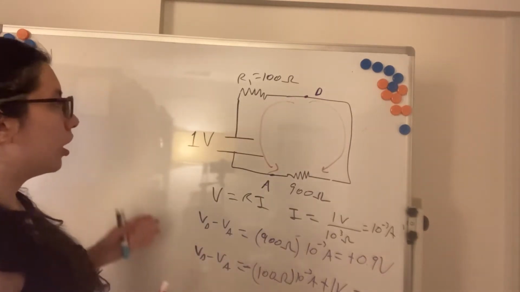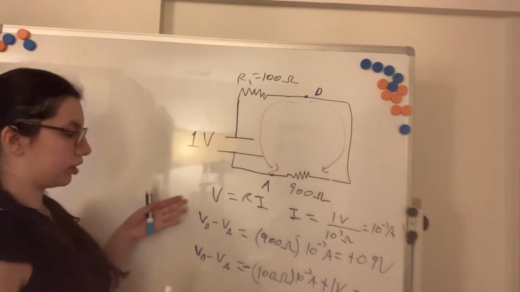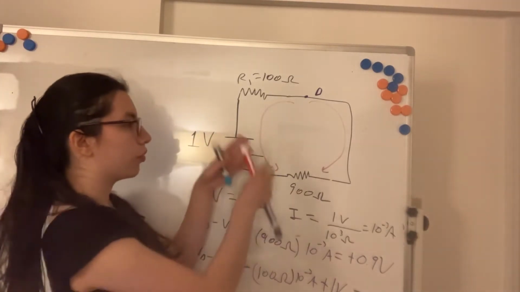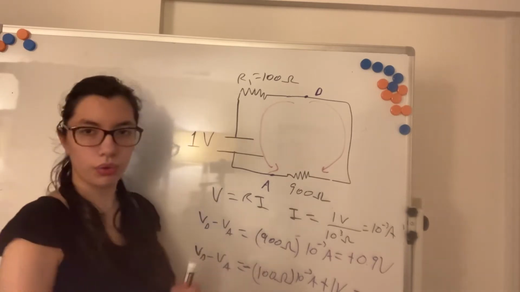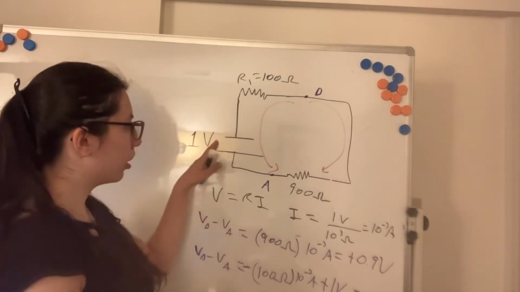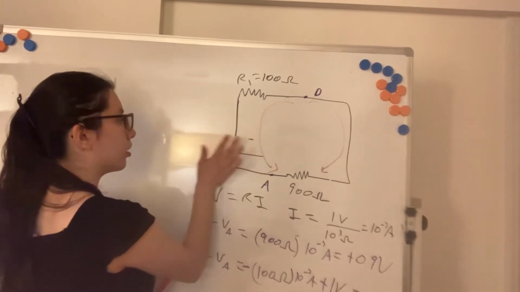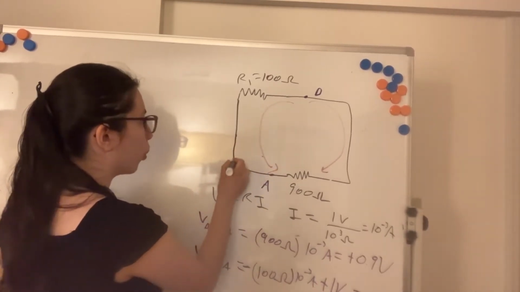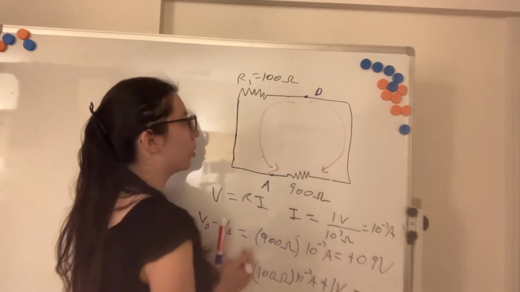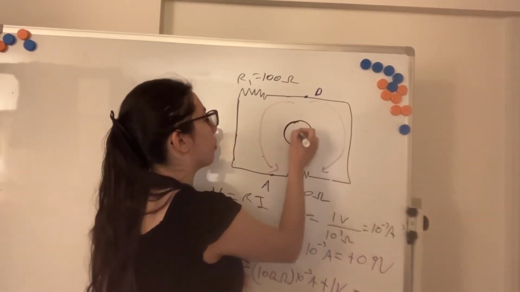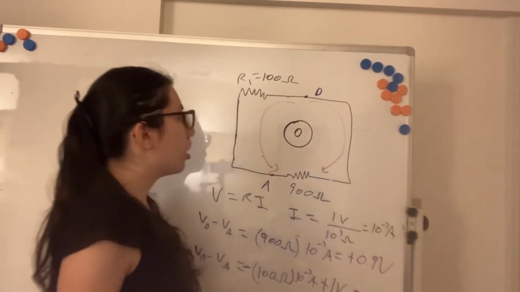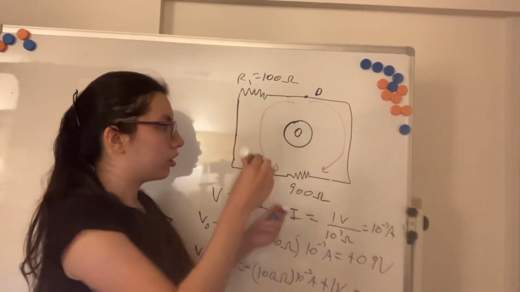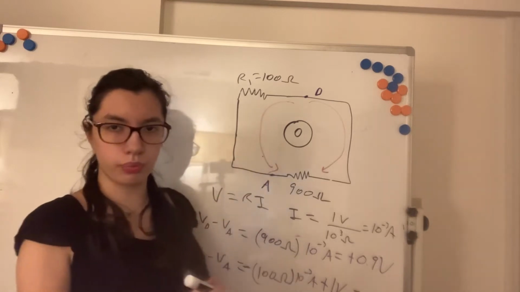But now, because we know that a change in magnetic flux can produce a current, our current supply will not be a battery. You can erase the battery. And now the power supply for this current would be an inductor. Let's say that the magnetic field is pointing out of the board.